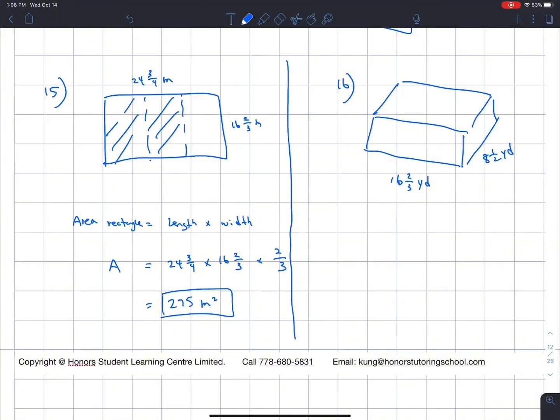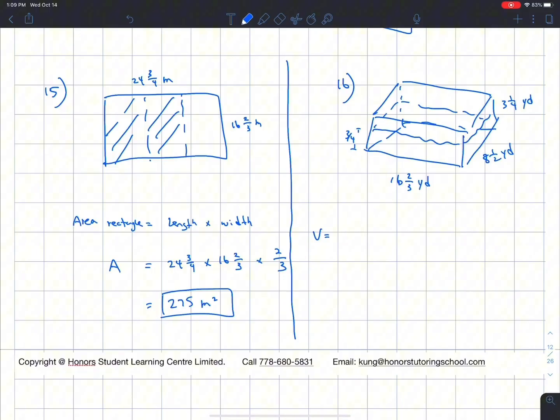If the average depth of the pool is 3 1/4, so this is 3 1/4 yard, and the pool is 3/4 full. Okay. So this is only 3/4 full. How many cubic yards of water are in the pool?